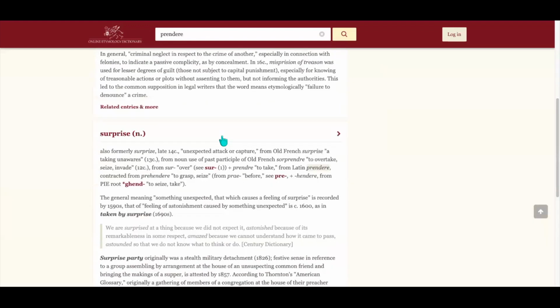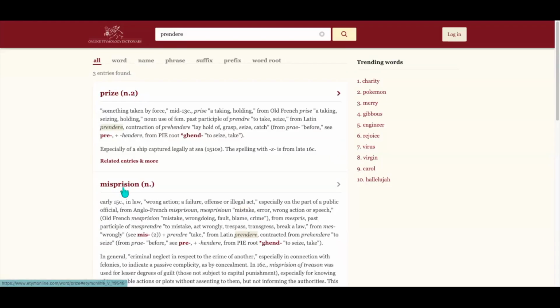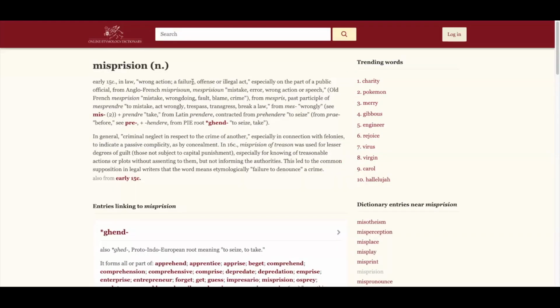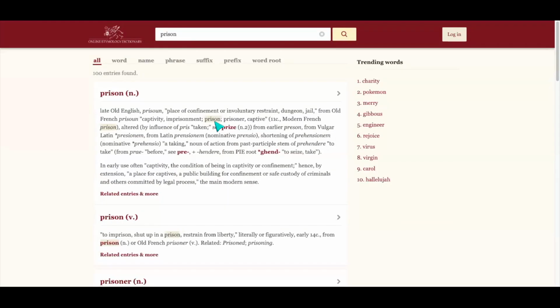Not a lot, but this misprision is interesting. Wrong action, a failure, offense, or illegal act from the 15th century. When I originally started doing this and I looked up the word surprise, I thought, is prison in the family? Because PRIS, right? So I looked up the word prison, and it does have a connection to the word prize.